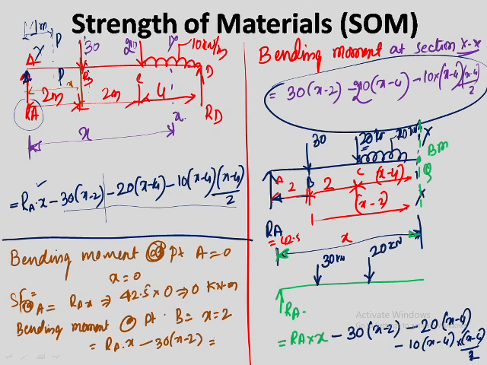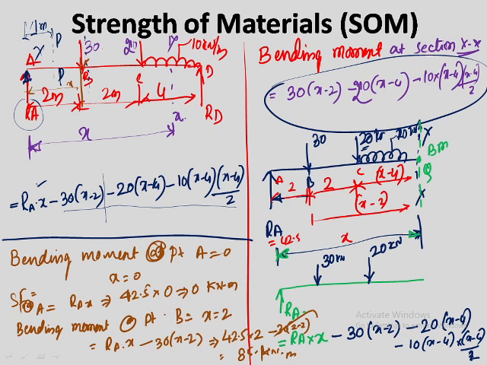Now we substitute 42.5 into 2 minus 30 into 2 minus 2, this term cancels. You are going to get 85 kilonewton meter as the bending moment at point B.